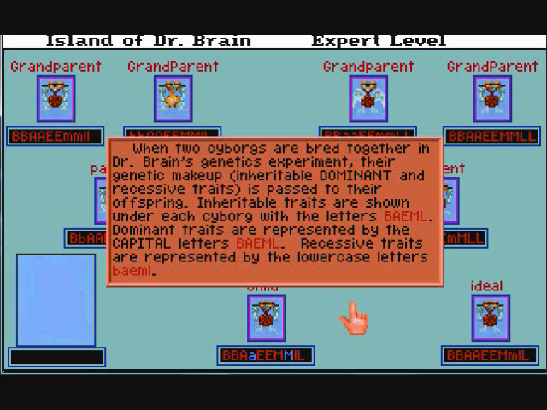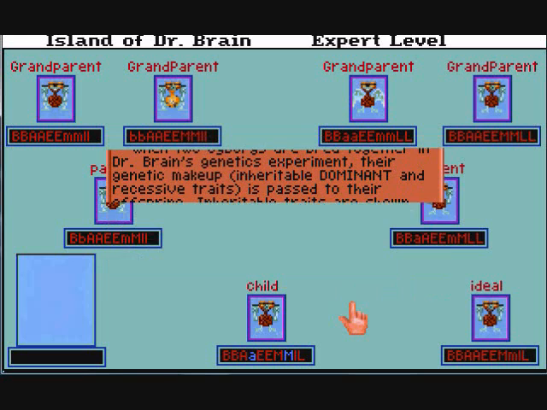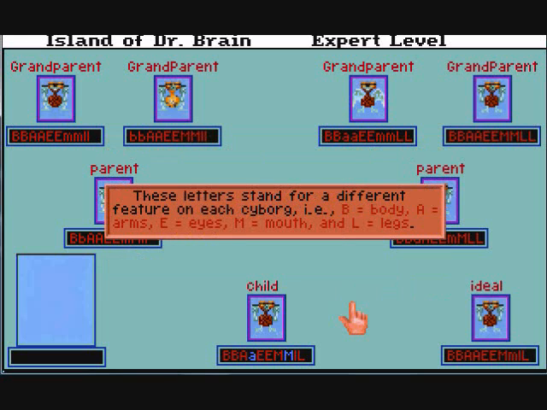Inheritance traits are shown under each cyborg with the letters B, A, E, M, L. Dominant traits are represented by the capital letters B, A, E, M, L. Recessive traits are represented by the lowercase letters. These letters stand for a different feature on each cyborg. For example, B equals body, A equals arms, E equals eyes, M equals mouth, and L equals legs.